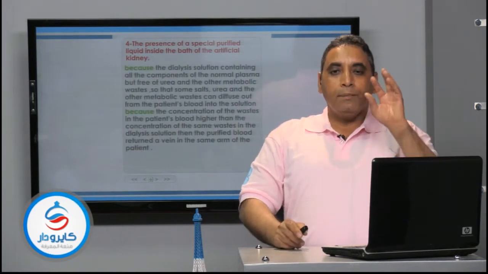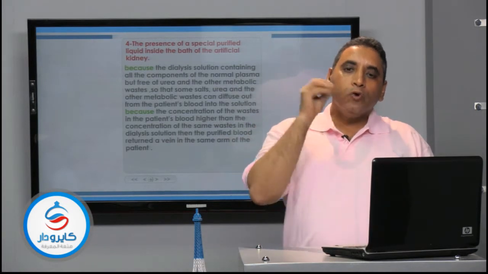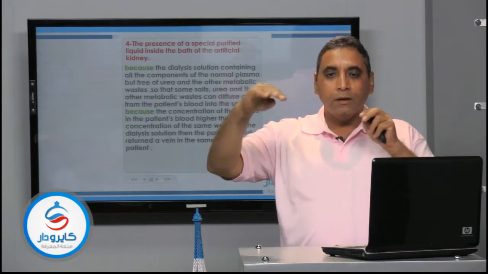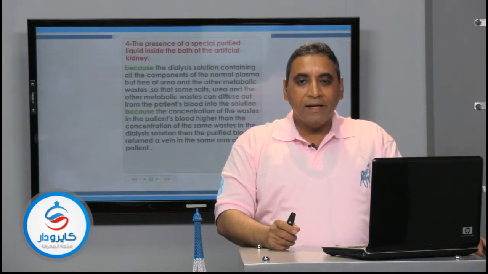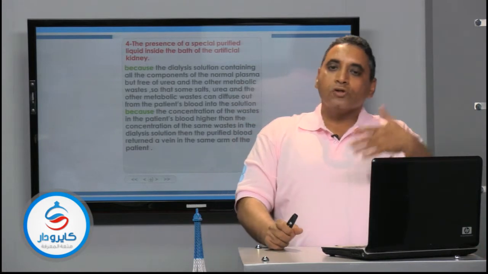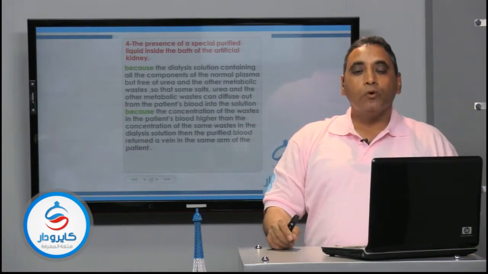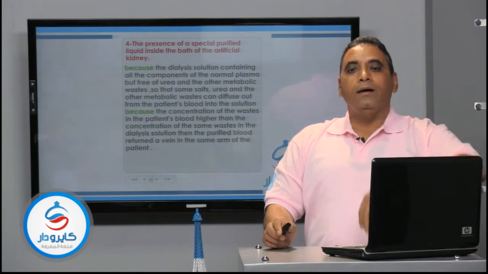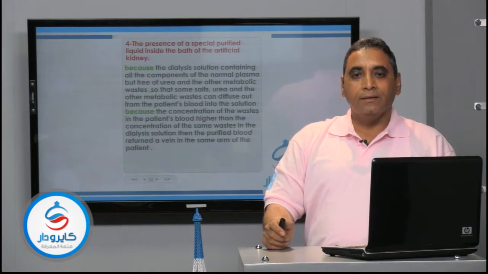So the presence of the dialysis solution helps the passage of the urine components from the patient blood through the dialysis solution. This takes place by diffusion, and the dialysis solution also passes through filters to remove the urine components from it.